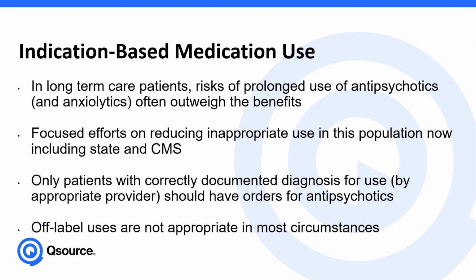So we've got to make sure we have appropriate diagnoses, especially if we have orders for antipsychotics, and that the provider is appropriate. They have the appropriate skill to diagnose a psychosis-related illness. And we would say, generally speaking, that off-label uses of antipsychotics are not appropriate in most circumstances. Next slide.